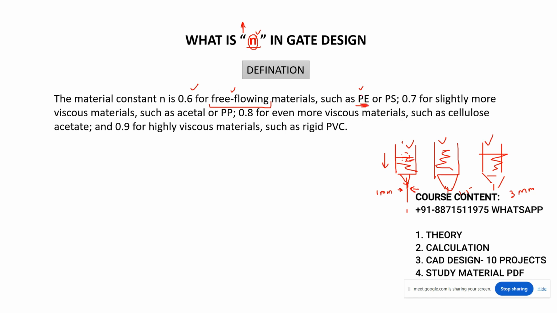PE means polyethylene, PS means polystyrene. 0.7 for the more viscous material such as acetal and PP, polypropylene. 0.8 for such as cellulose or acetate material, and 0.9 for highly viscous material like PVC. So this is not the same value of N. If I am talking about the height, basically we have to multiply the N with the wall thickness, right or wrong?